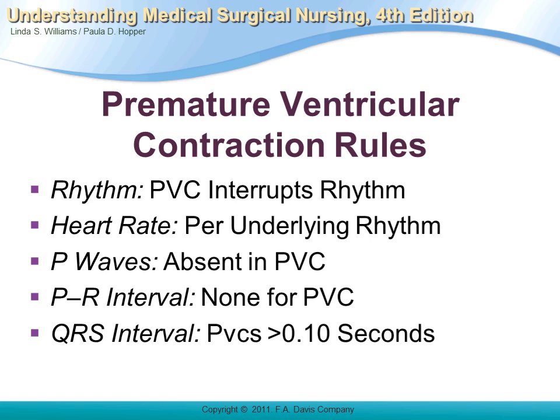So premature ventricular contractions: the PVC interrupts the regular rhythm. The heart rate is the underlying rhythm. P waves are absent prior to the PVC, prior to that premature ventricular contraction, and hence there's no PR interval for that PVC. And typically those PVCs are greater than 0.10 seconds, so they're abnormal.